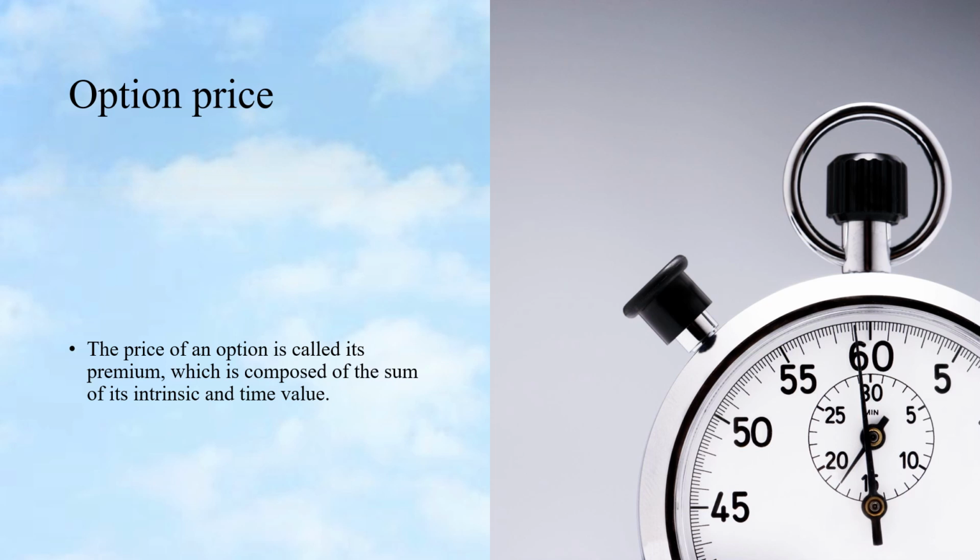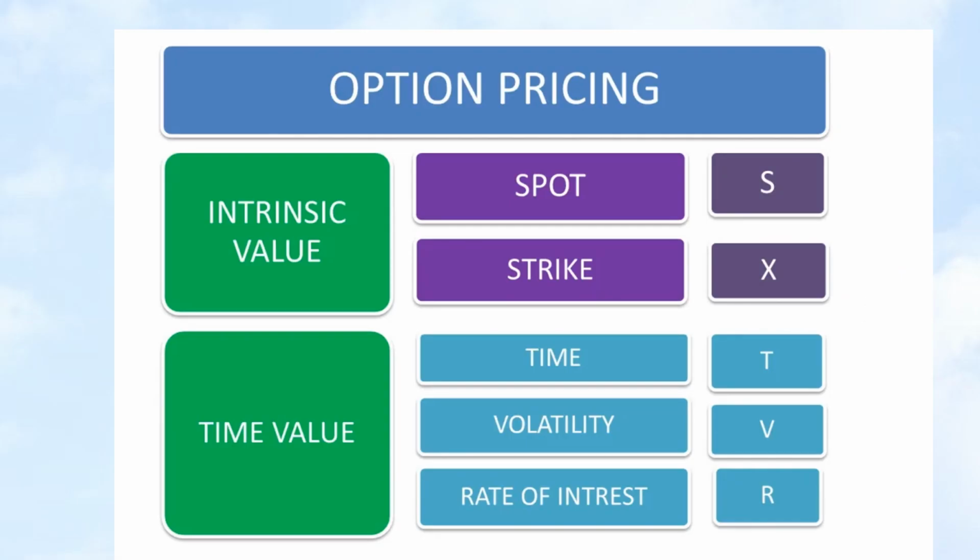However, the premium depends upon some factors. The first factor is the security price. Security price means the current closing price of the security. We used to call it the spot price.